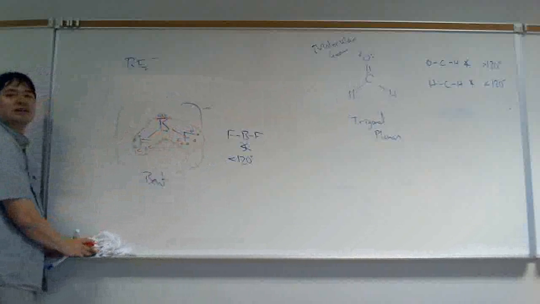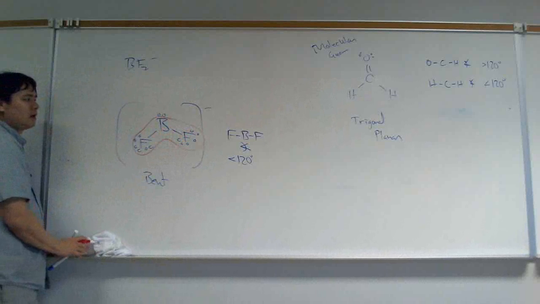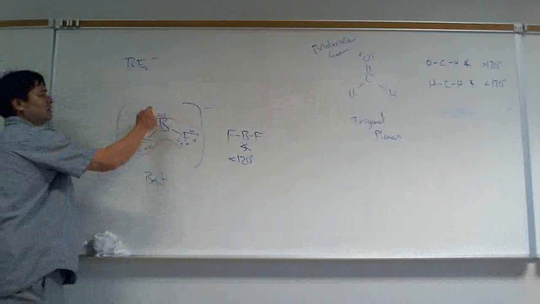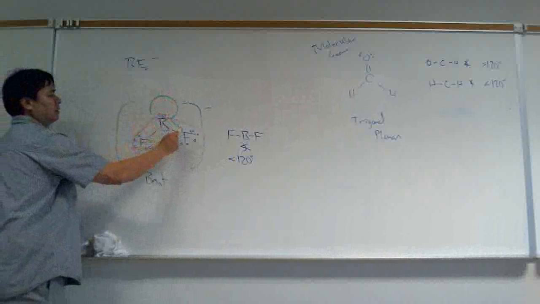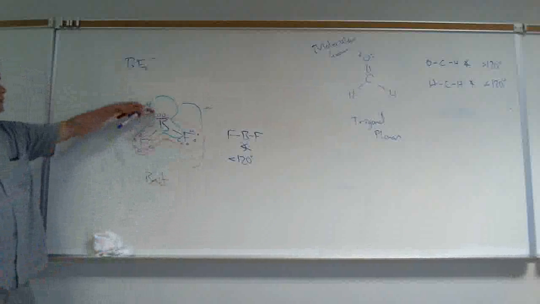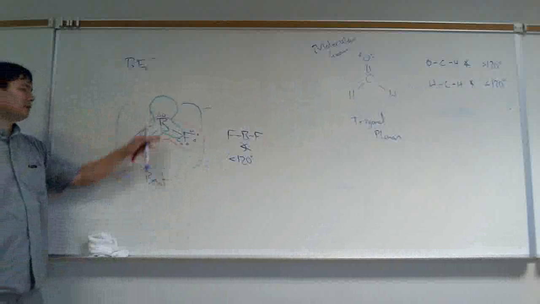Didn't you just call it trigonal planar? Yeah, it's trigonal planar with the electrons. If you look at the electrons, we have a lone pair and two single bonds. It's trigonal planar, but we can't pinpoint the electrons.